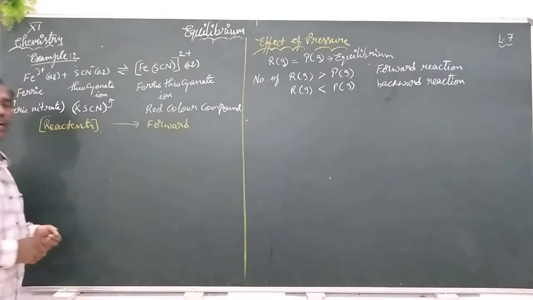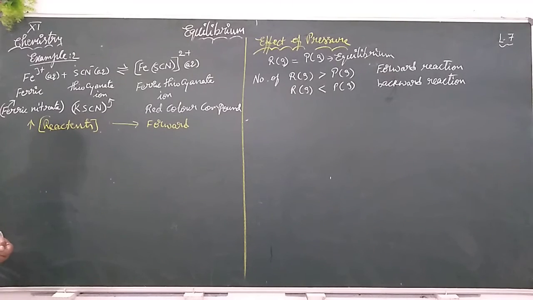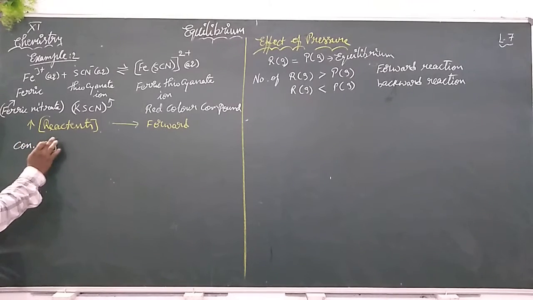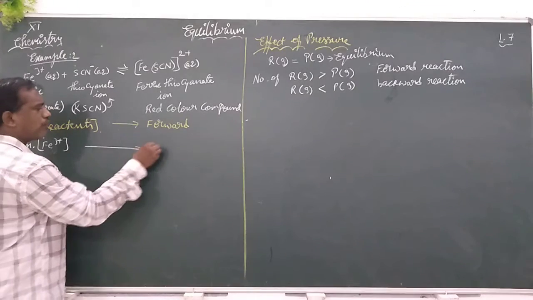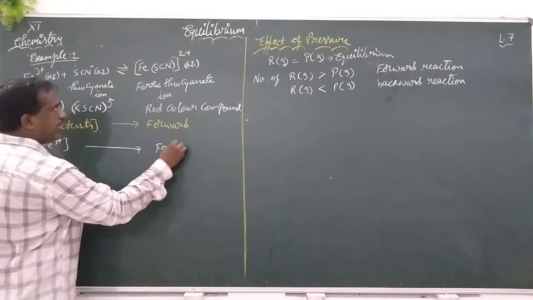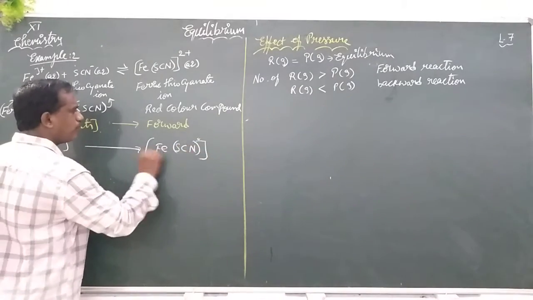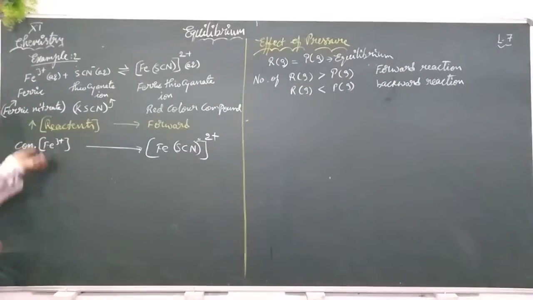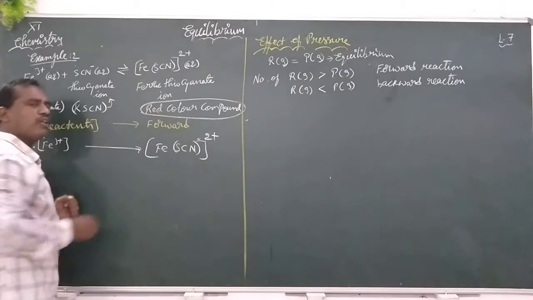Increase in concentration of the reactants, the ferric thiocyanate. Ferric thiocyanate means what, children? It means when you are increasing the concentration of reactants, which color will be increased?